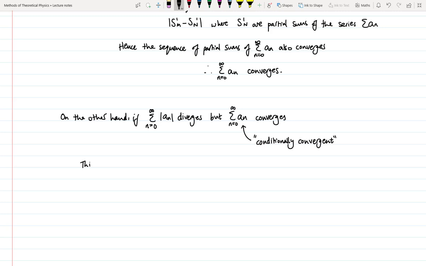This means that rearranging the order of terms can affect behavior of the sum.